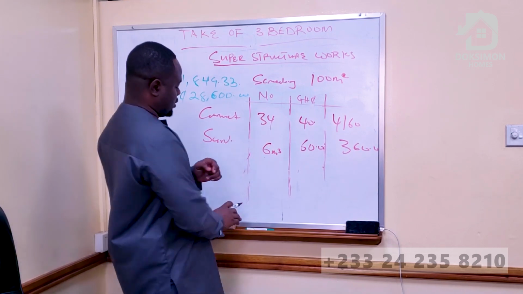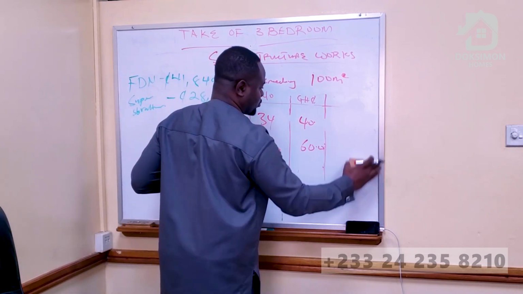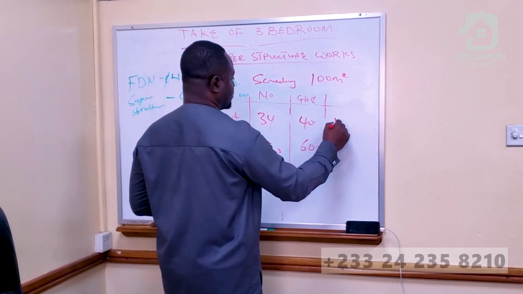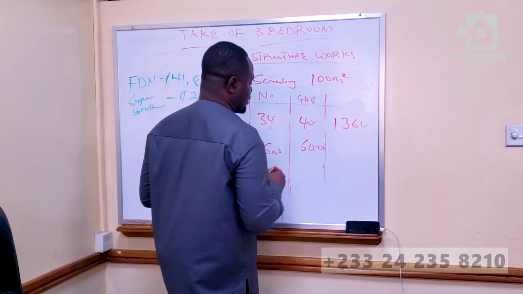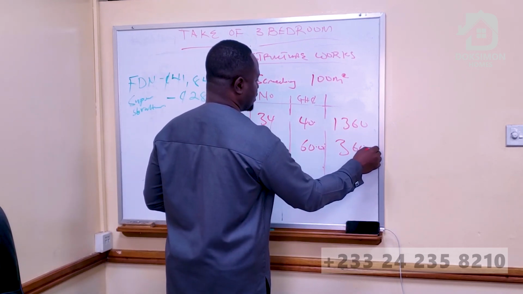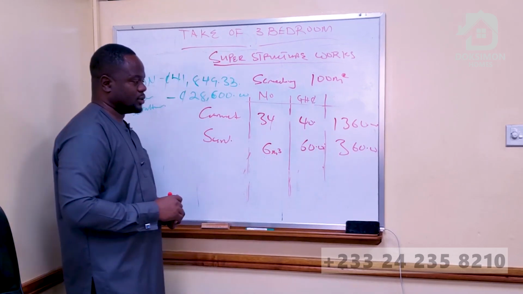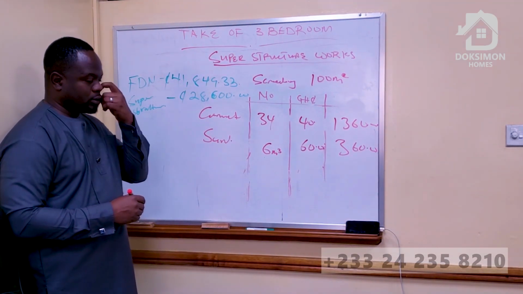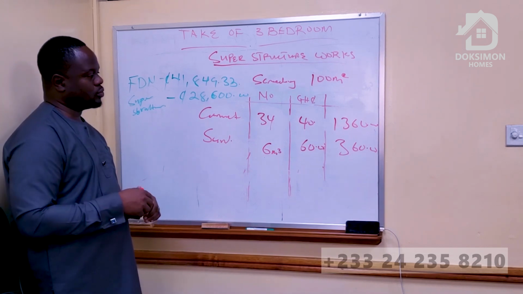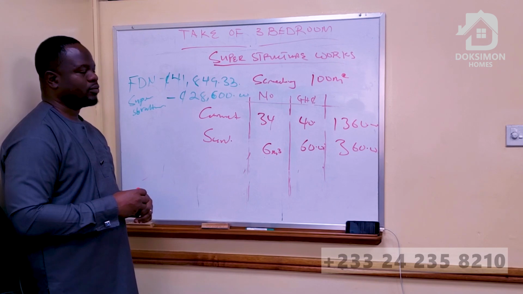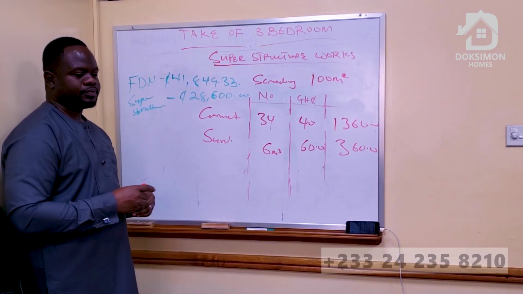So with this, we are looking at these prices. Now we have 1,360, and then we have 360 Ghana cedis. So this is the total amount of screeding that will go into the finish, preparing to receive the finishes or desired material.